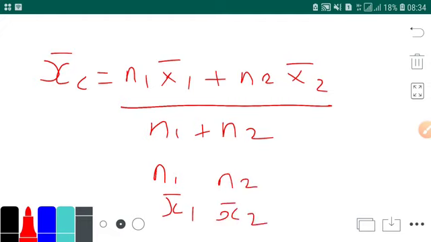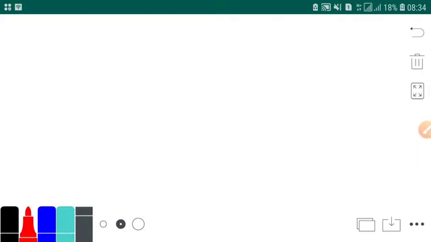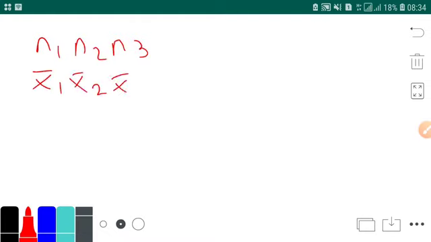Now see, suppose you are having 3 sets of data, so it's x bar 1, x bar 2 and x bar 3, and you want to find the combined mean. What will you be doing?